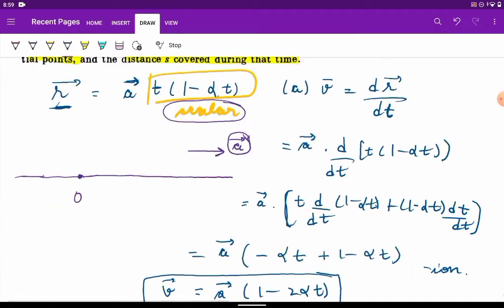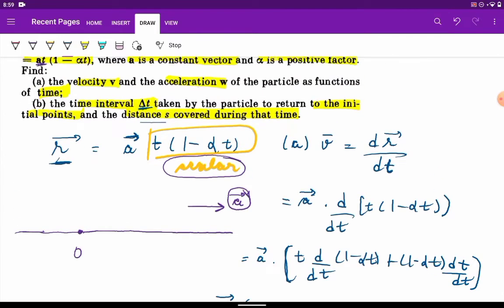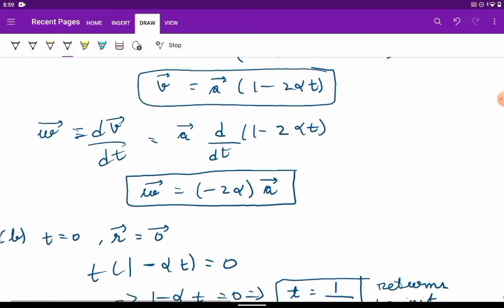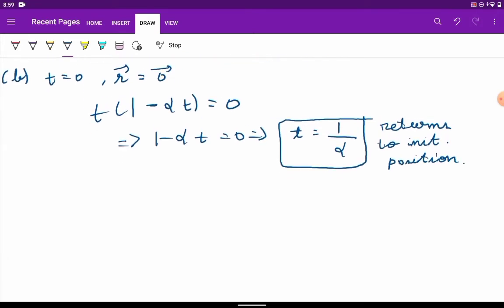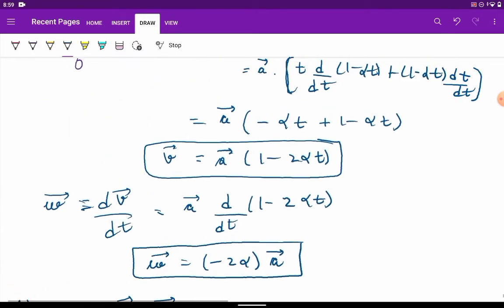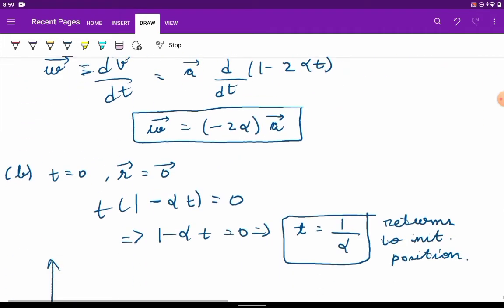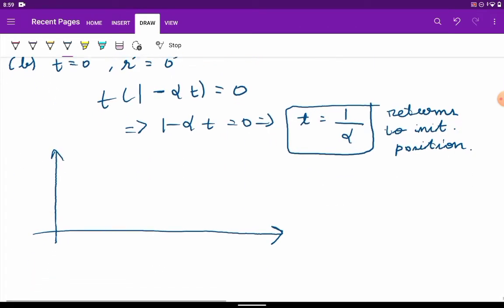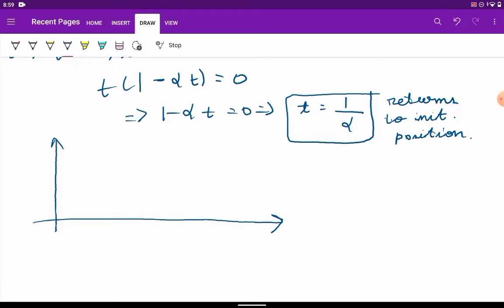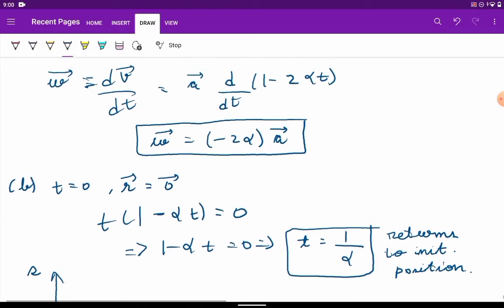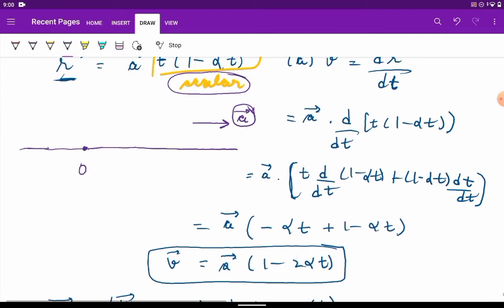And of course, the second part is the distance s covered during that time. Now this can be solved with simple intuition. Since all of this is along a straight line, passing through the origin and parallel to the a vector, for the trajectory of the particle we can say that the magnitude of the displacement with respect to the origin, s versus t, is along the a vector.